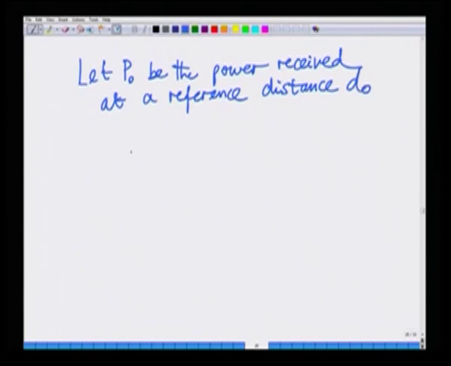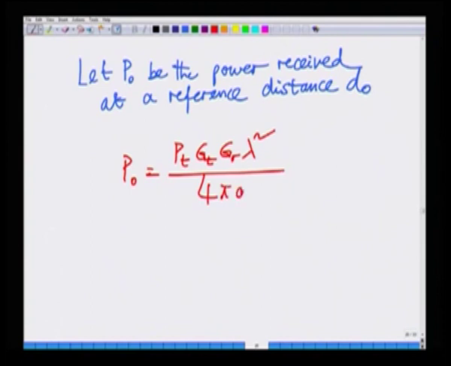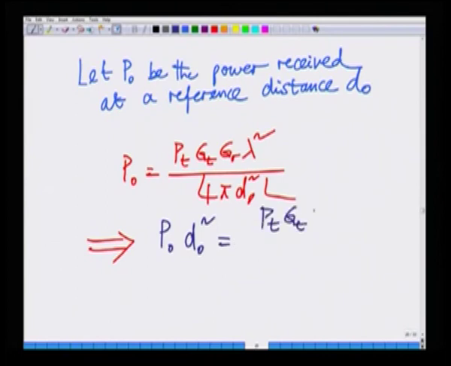Then we have P naught equals Pt Gt Gr lambda square divided by 4 pi d naught square L, which implies P naught d naught square equals Pt Gt Gr lambda square by 4 pi square L.